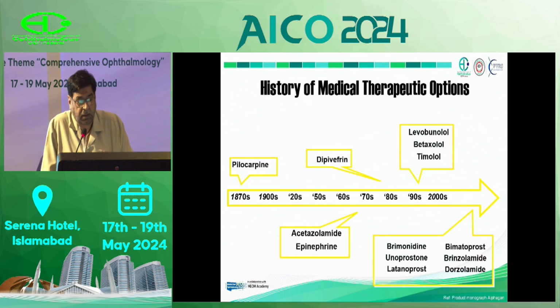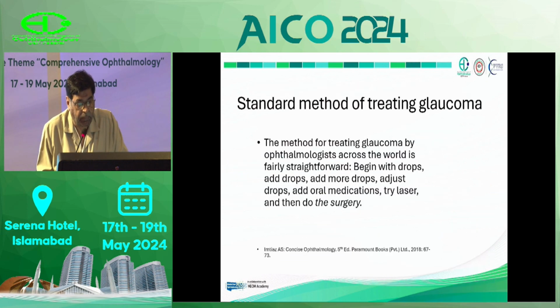If we look here, in 1870 we had only one anti-glaucoma medication in the form of pilocarpine, and there was nothing till 1970. From 1970 onwards, we have anti-glaucoma medications. So for one century, the senior ophthalmic surgeons were only managing glaucoma patients with surgery.